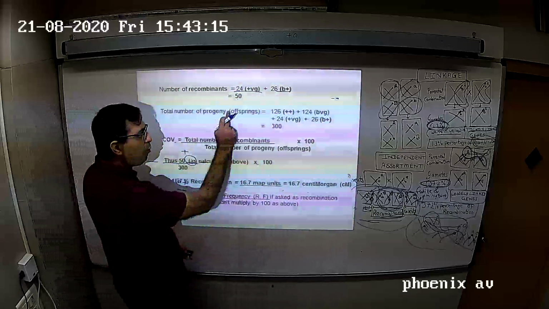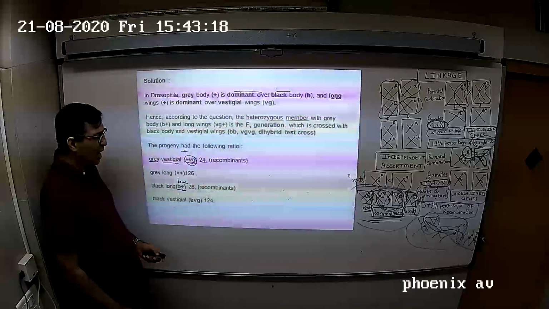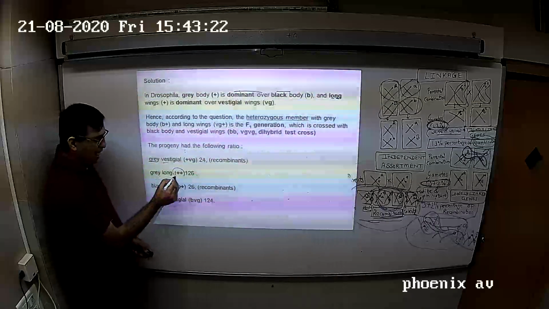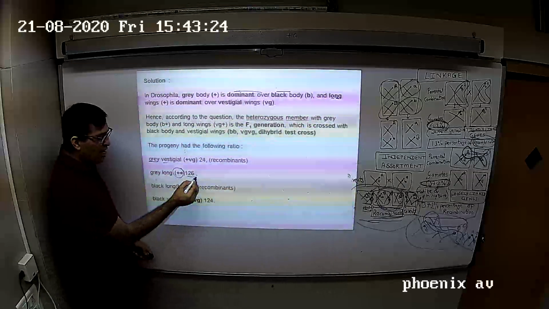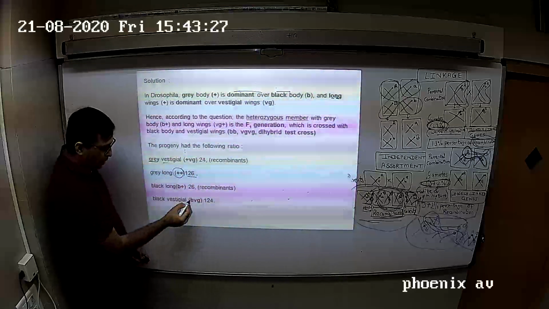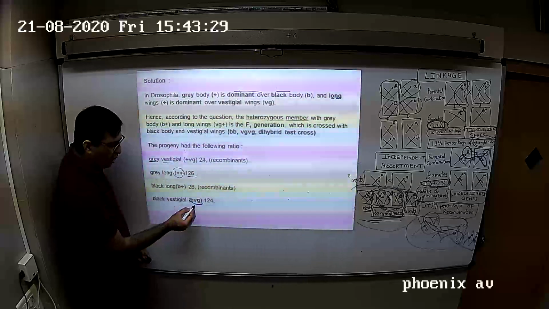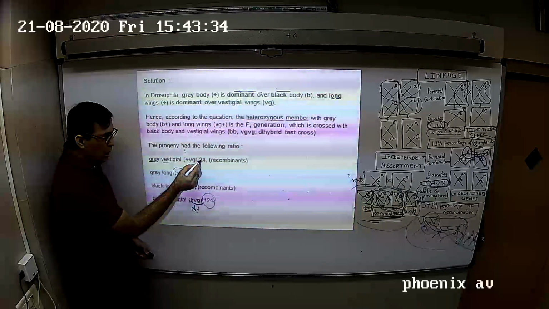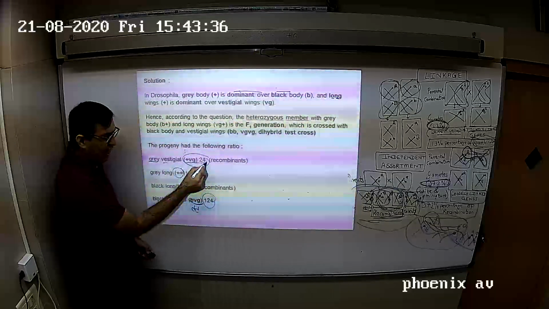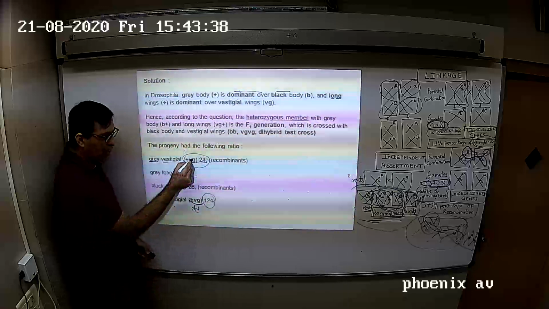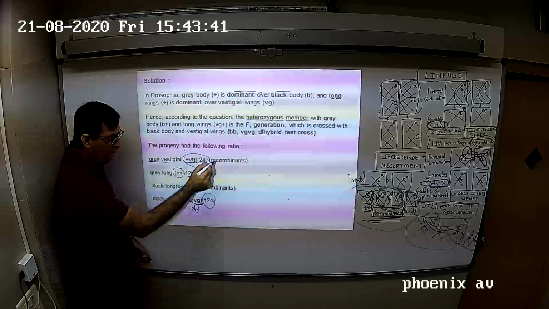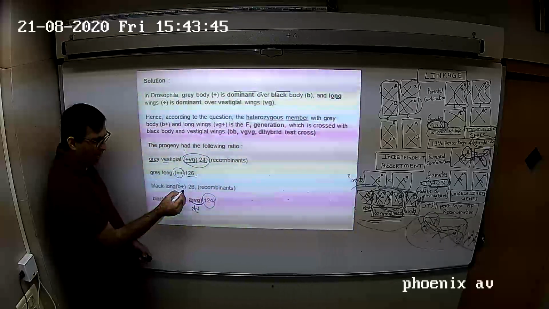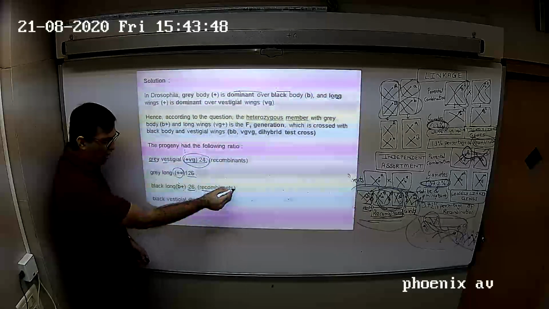What is the total number of offspring? Plus plus parental 126, b vg small parental 124, plus vg 24 recombinant, b plus small 26 recombinant.